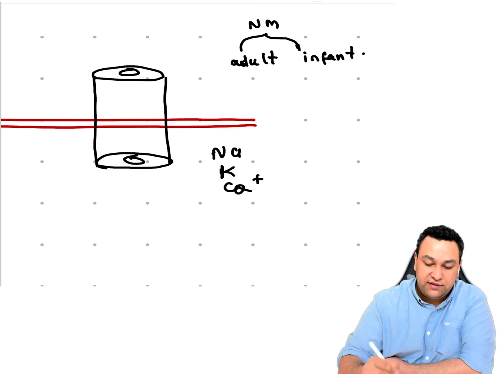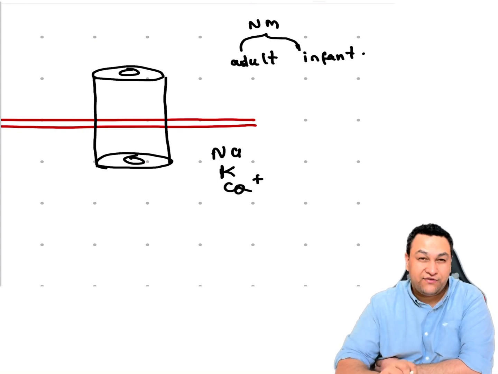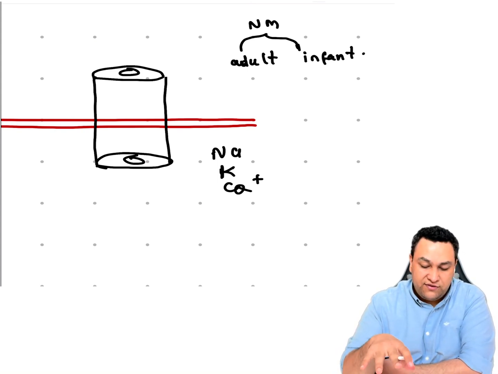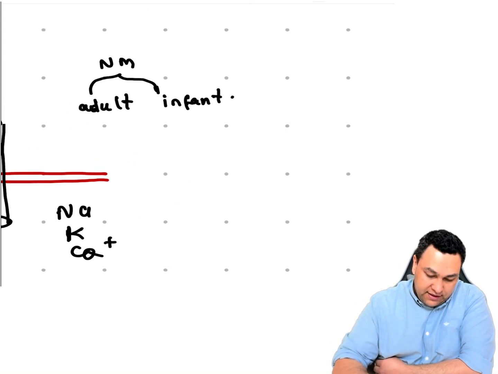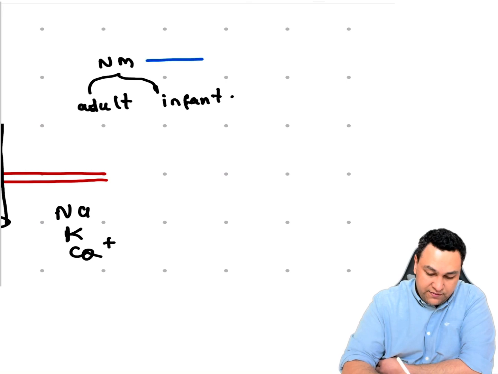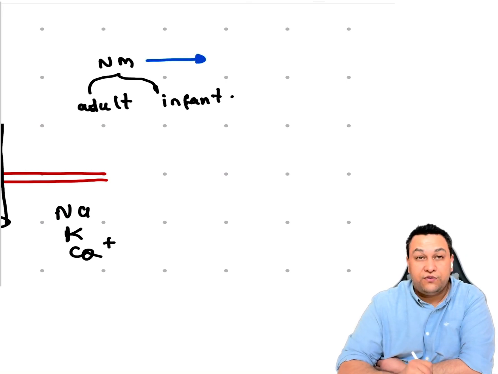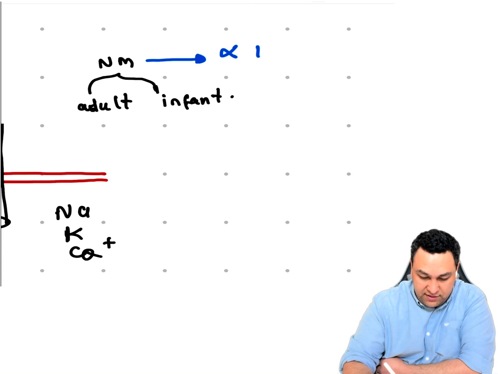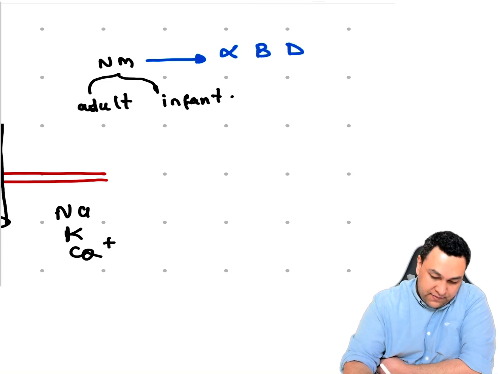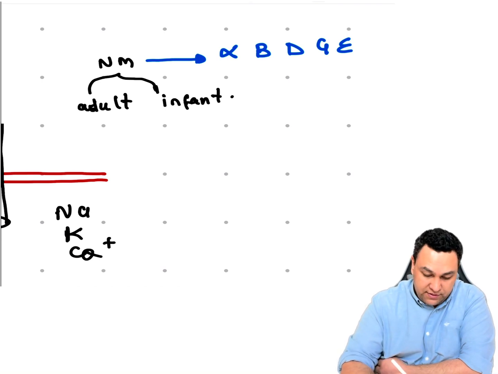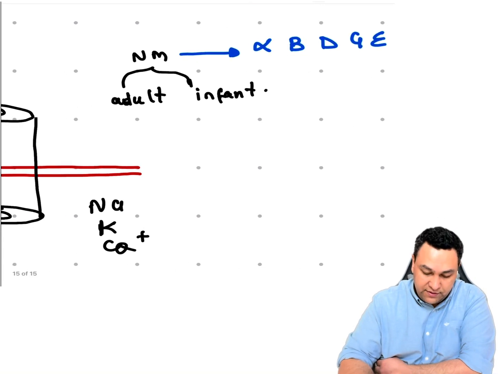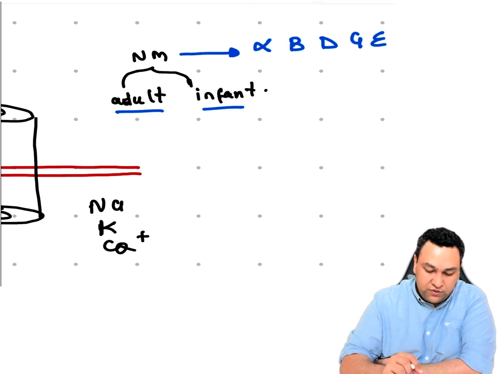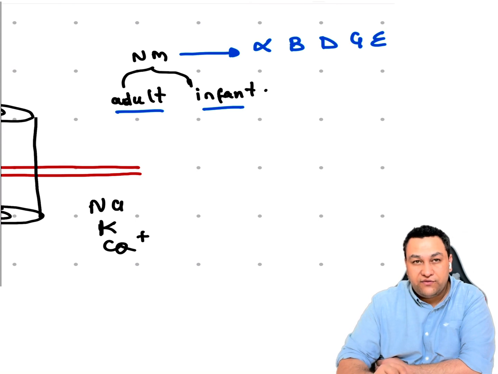Let's see what the main differences are, which are in their structure. The nicotinic muscular subtype receptor is made up of 5 subunits: alpha, beta, delta, gamma, and epsilon. That's the main structure of the muscular type of nicotinic receptor. But let's see the difference between the adult and infant one.